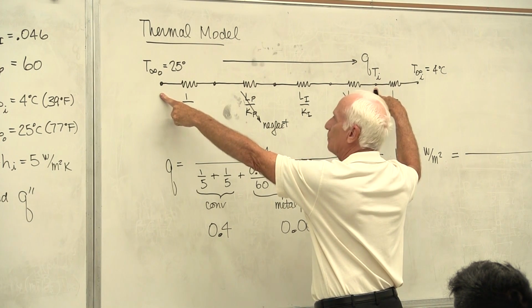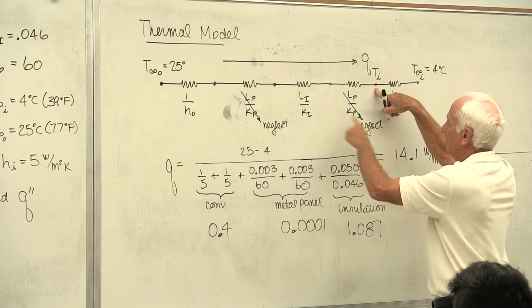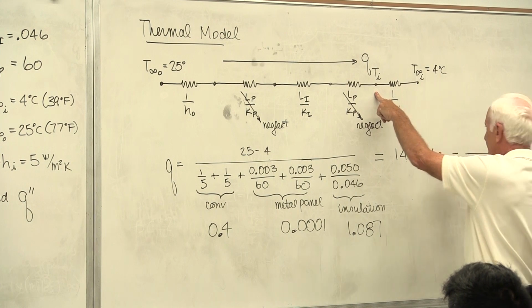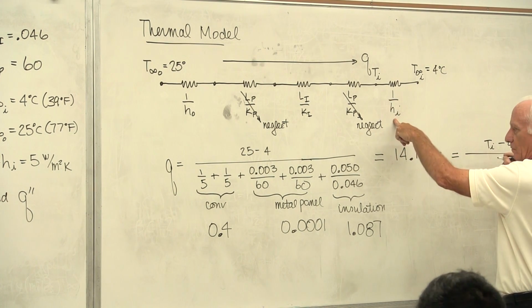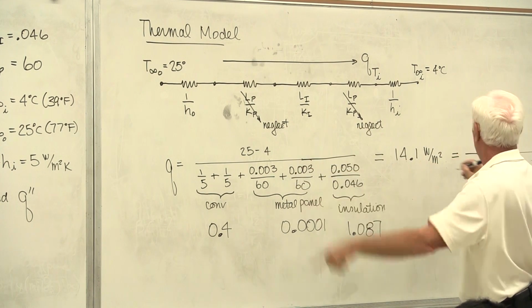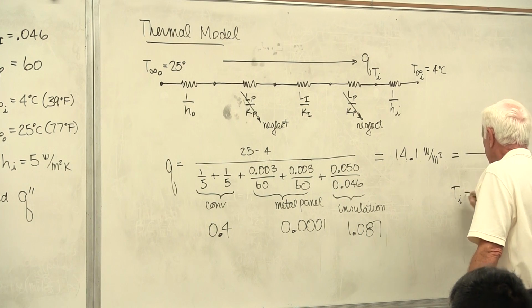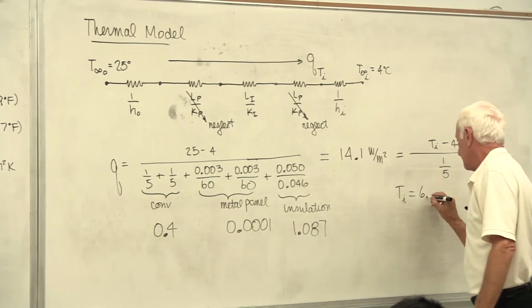Q equals 25 minus TI divided by these 4 guys, pardon me. Or Q equals TI minus 4 divided by 1 over H, and H was 5. The inside wall of the refrigerator is at 6.82 degrees C.